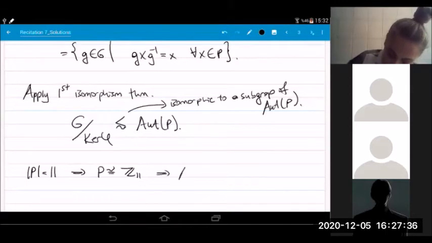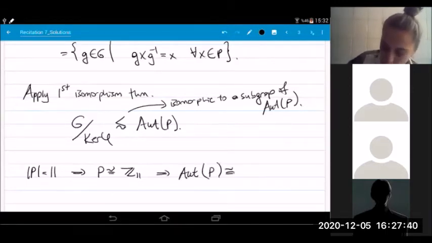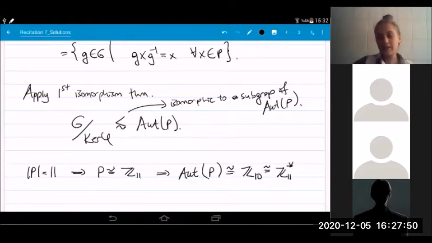So the automorphism group of P is isomorphic to Z10, which is actually Z11 star, the units of this group. The elements that have multiplicative inverses, okay?